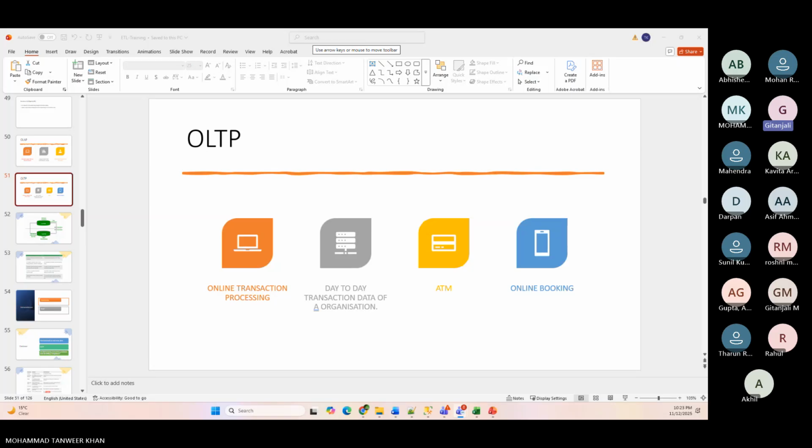Can we transfer that directly, or will we do some aggregation? It won't be aggregated data. It will be transactional daily data only that will go into OLAP. That is fine, no issues at all. Just the structure has to be the same. So I will take it directly from there and dump it into the OLAP database.